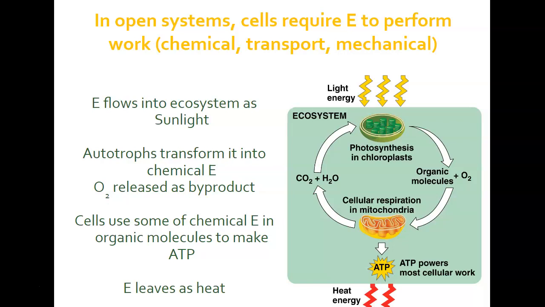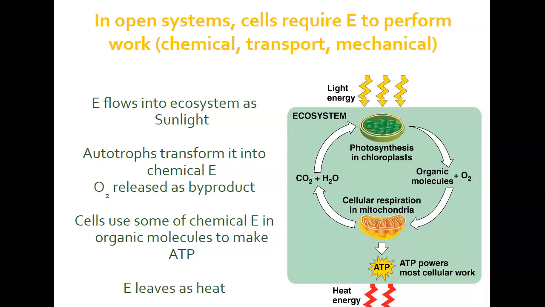And then those autotrophs, which are organisms that can make their own food, basically do photosynthesis. They can transform that chemical energy into organic molecules. And in that process, they release oxygen, which is awesome because we need that to breathe and perform cellular respiration.